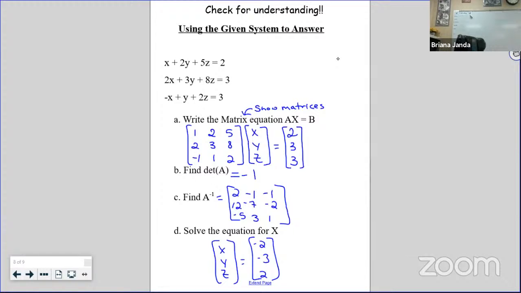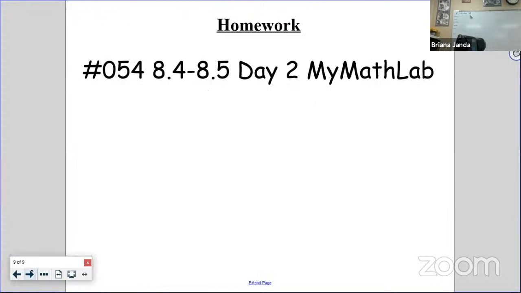If we were to go back to one of our earlier examples that had a 2x2 system, let me find one that was on here. Like this guy. We can do a matrix equation and we can solve using an inverse matrix for a 2x2, and we have all the tools to do that by hand.